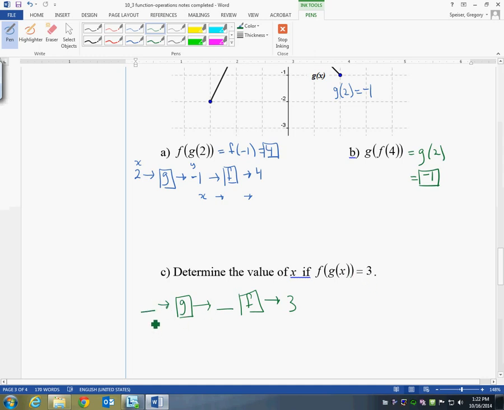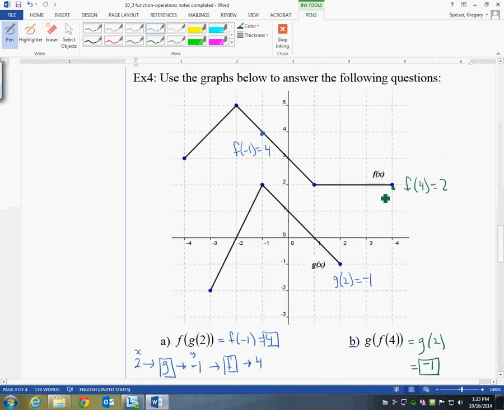Okay, so first of all, what we're going to be wondering is f of what is equal to 3? On f, what is x when y is 3? So I'm going over here and looking at function f.